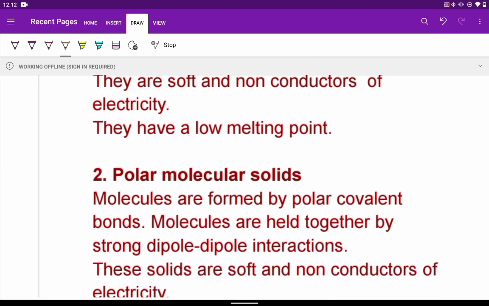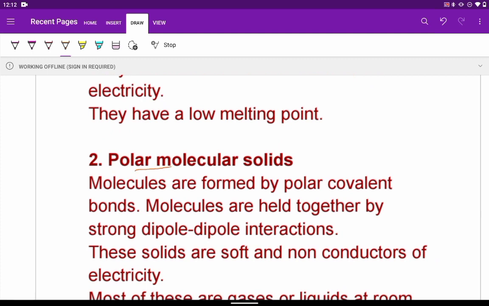Second one is polar molecular solids. Some sort of polarity will be there. These molecules are formed by polar covalent bonds, molecules of substances like HCl. In these molecules we find polar covalent bond.